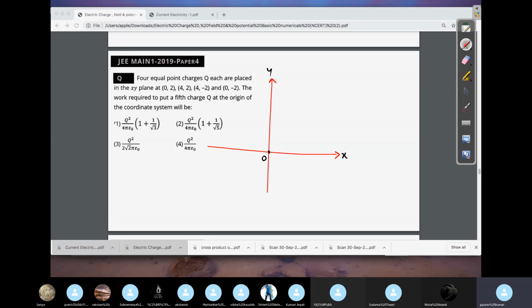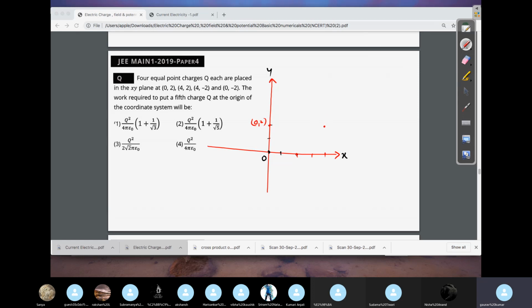So your points: 0, 2. Sorry, this point is on your y axis. This is your 0, 2. Then 4, 2. 1, 2, 3, 4.